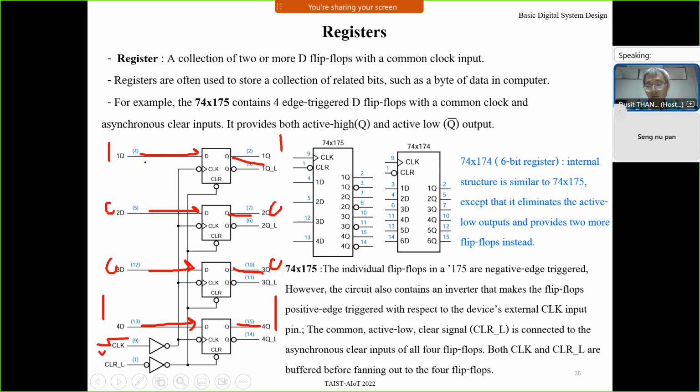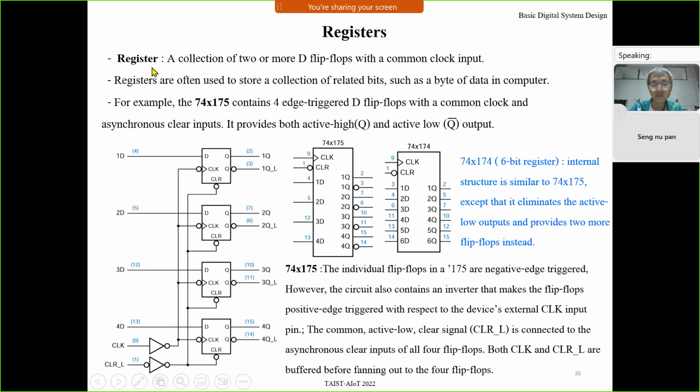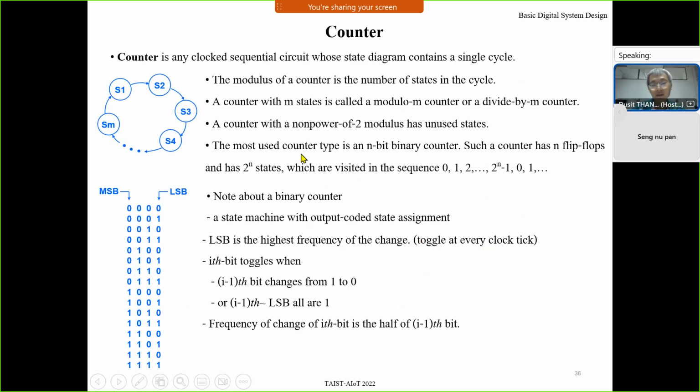Parallelly read the input, or sometimes it's called load. You load a multiple-bit input value at the same time. Okay, this is a register. For example, this is a 4-bit register, and this one is a 6-bit register. And the next one is the counter.